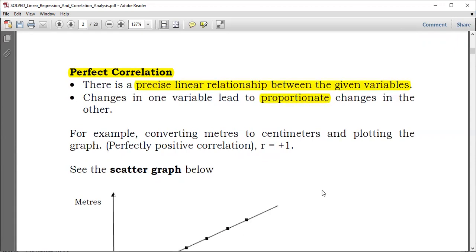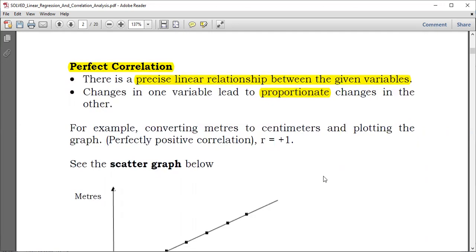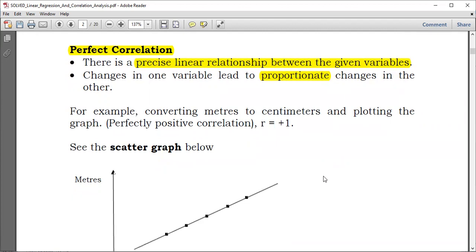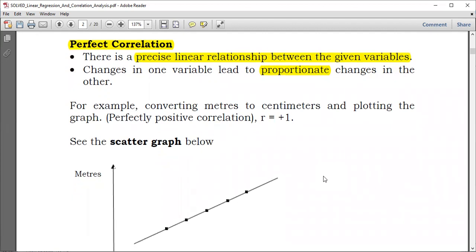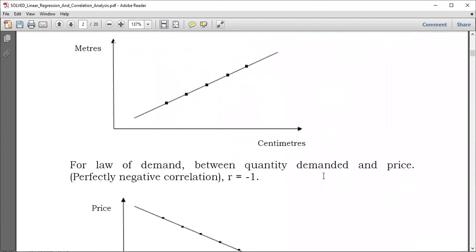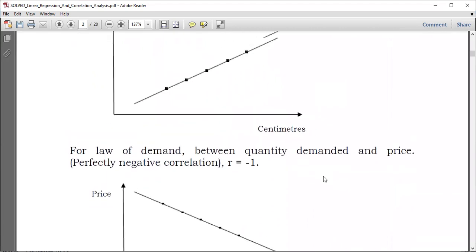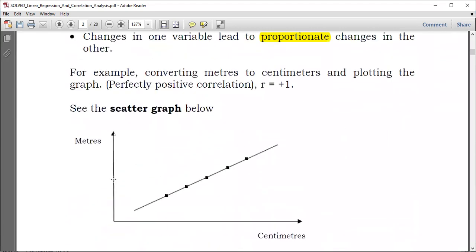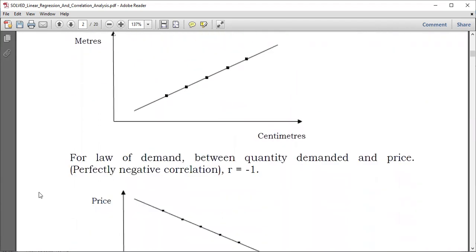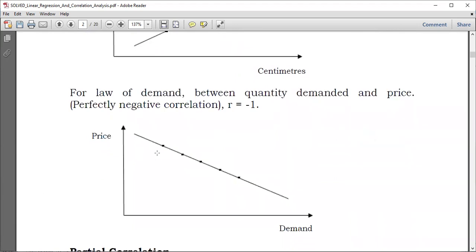Proportionate means that if one variable changes by 60%, the other will also change by 60%, regardless of whether it is positive or negative. It could be perfect, and at the same time it could be positive or negative. For example, this one is a perfect positive correlation because, as you see, when the x-axis values increase, the y-axis values also increase. But it could also be perfect negative, like you see here.